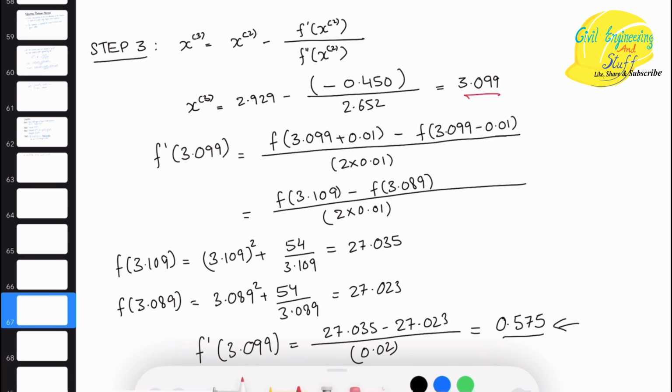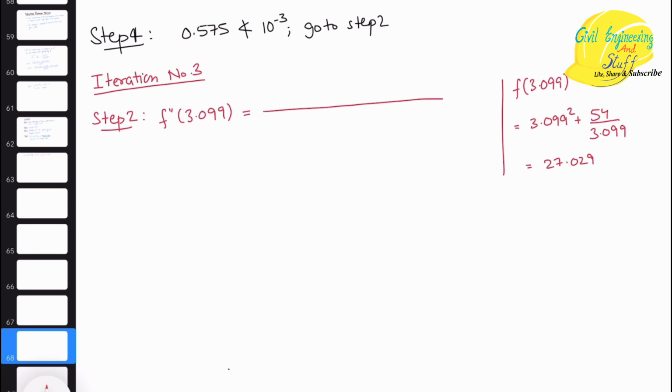Okay, so let's put the values in the formulas. We have already found out the f of 3.109 and f of 3.089, so we'll directly put these values. So let's put the values. So this will be 27.035 plus 27.023 minus twice of what? 27.029.